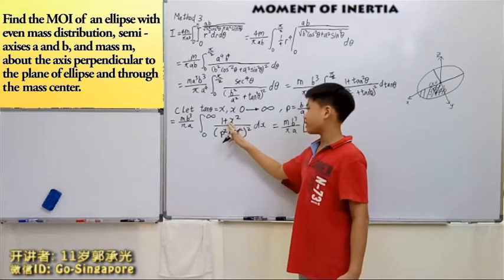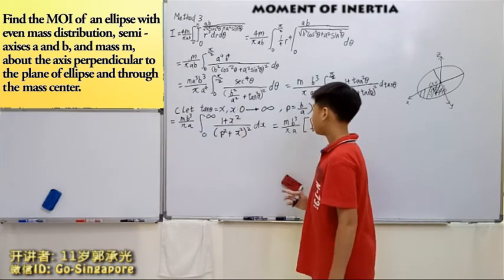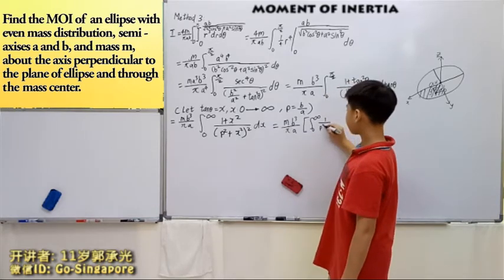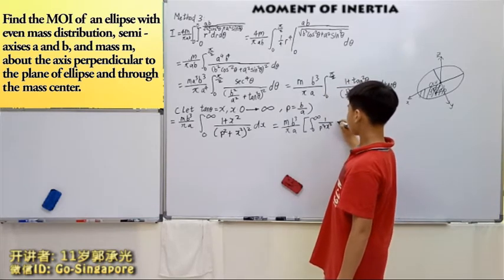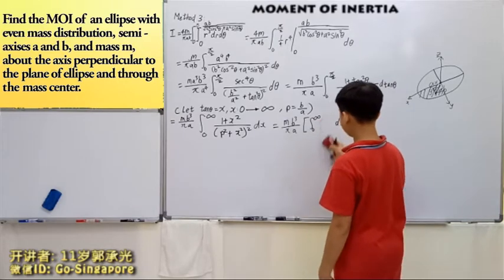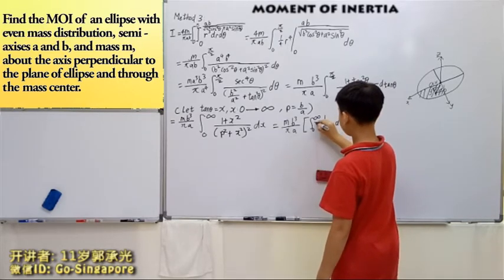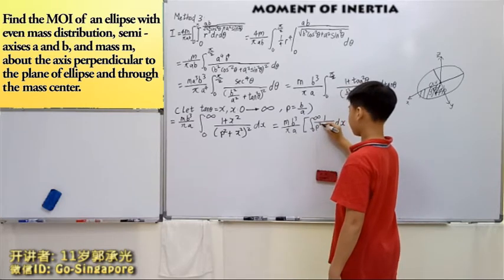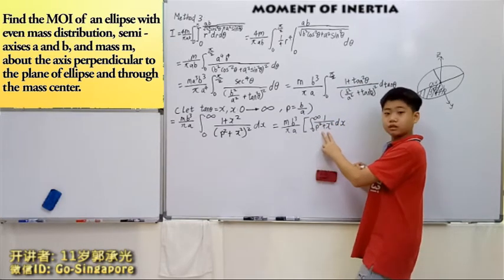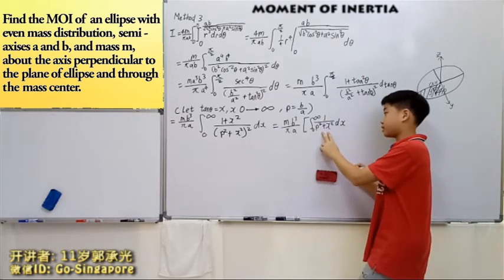For this, split it as plus. But then, front part, okay, let me just write this bigger. Front part, I want it to become like this.